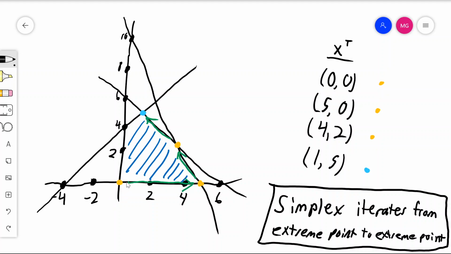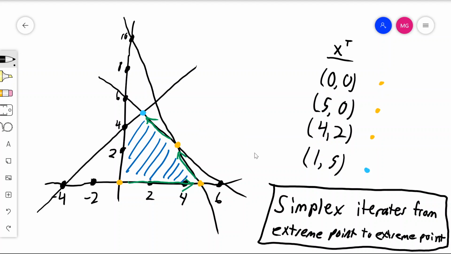So here's what the simplex algorithm is doing. It starts from this extreme point, and then it goes to this extreme point, 5, 0, and then it goes to this next extreme point, which is 4, 2. I know it doesn't look like 4, 2, but it is. And then it goes to this final extreme point, 1, 5.